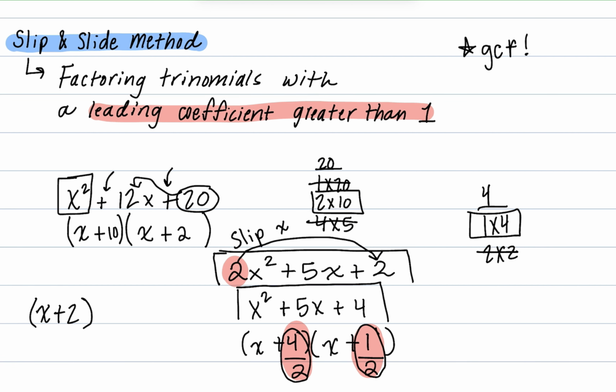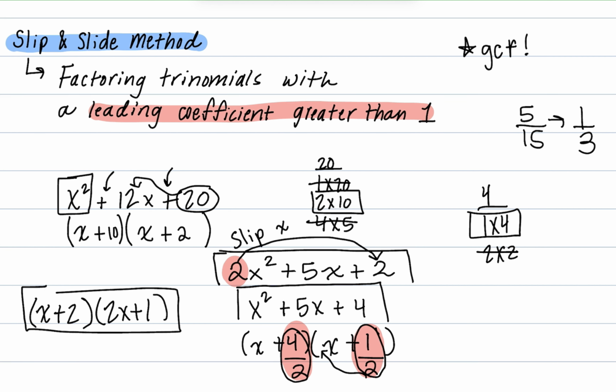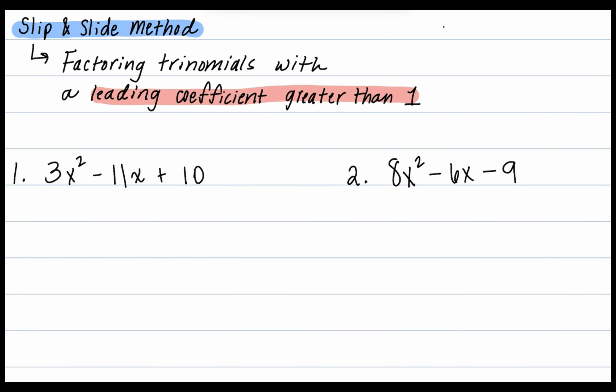In an example I'll do later, we may have to actually reduce it. So if I got something like 5 over 15, I would need to make it 1/3. But in this example, 1/2 is fully reduced. If I decide that it's fully reduced, I'm going to take my denominator and slide it up to make it the new coefficient. So what this is going to yield is 2x plus 1 and x plus 2.